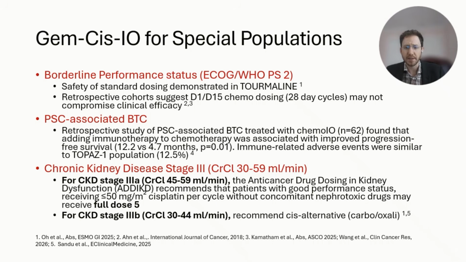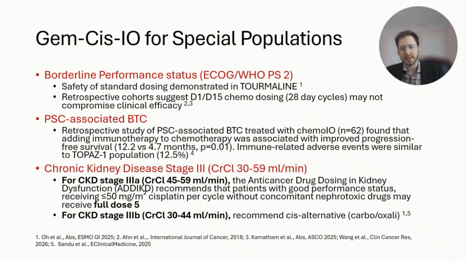So when it comes to the more borderline performance status patients, we have data from TOURMALINE, which I'll get into in more detail on the next slide, where GemCis durva is feasible and safe in ECOG 2 or WHO 2 functional status patients.